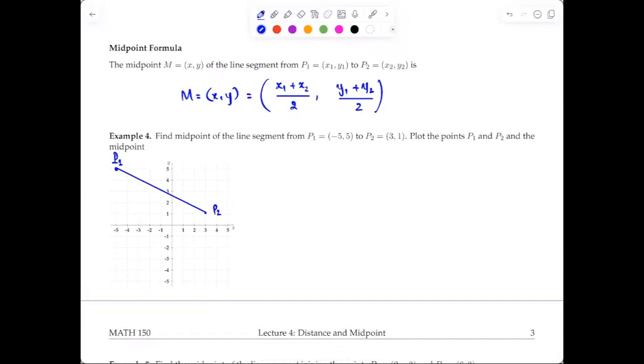Now to find the midpoint, we apply the formula. So the midpoint can be calculated as, so M is equal to -5 plus 3 divided by 2. That's for the x component. For the y component, you get 5 plus 1 divided by 2.